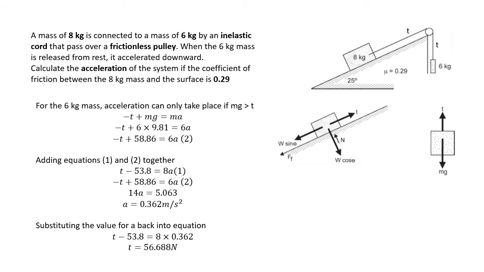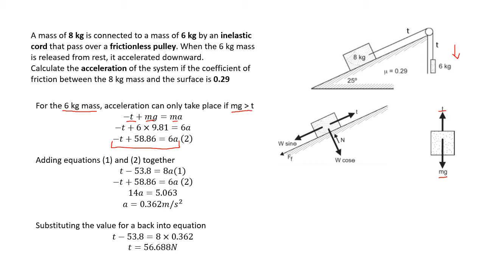Now, the 6 kilogram mass. The 6 kilogram mass can only accelerate, which means go down, if the weight of the 6 kilogram is greater than the tension. So negative tension plus the weight equals ma, and we simplify that, and we got another equation which we can't solve alone.